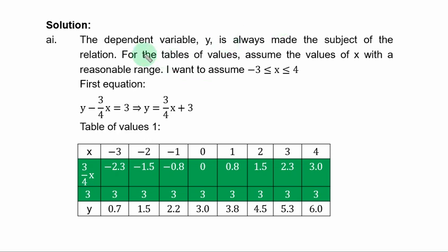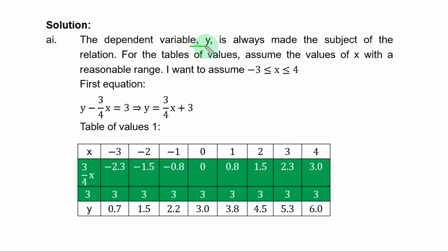Solution. To plot the graph, you need to construct the table of values, and in doing that, you must note that y is the dependent variable and is always made the subject of the relation.